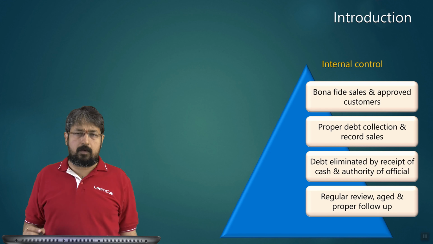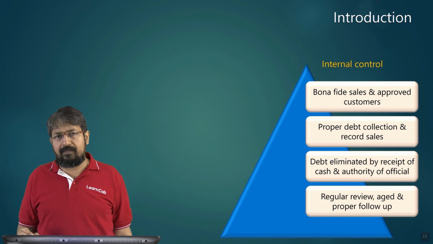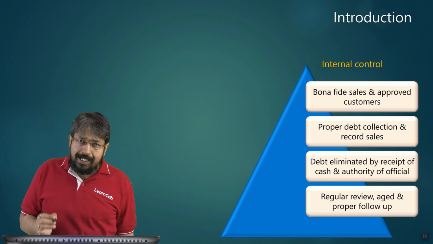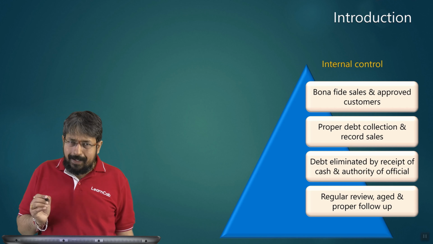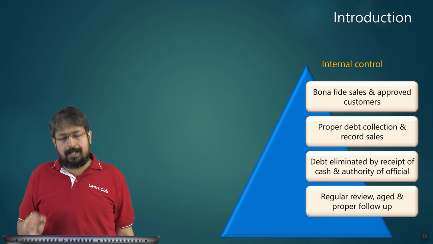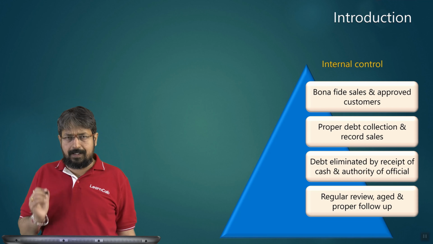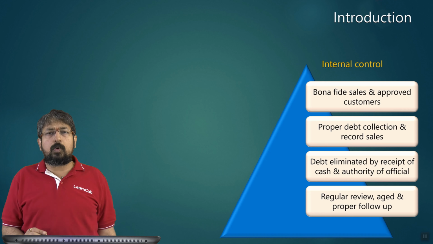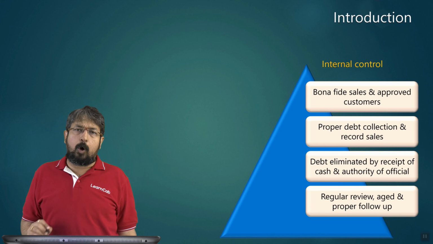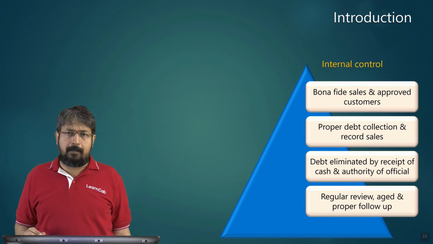Why is the amount outstanding, and aging? Aging means from how many days or how many months it is outstanding, that has to be ascertained, and proper follow-up should be done. That is a very, very important thing, that we need to do proper follow-up of the same. So that is another important thing here.